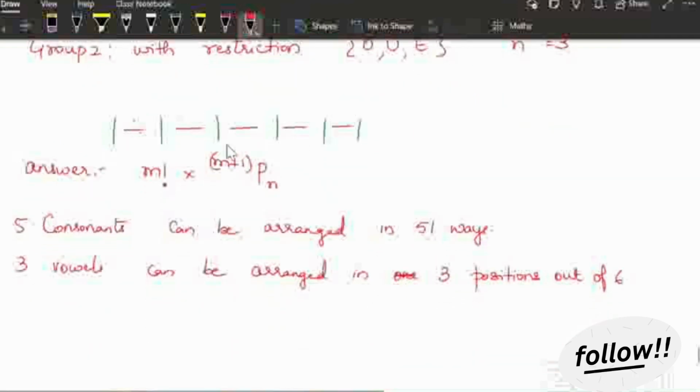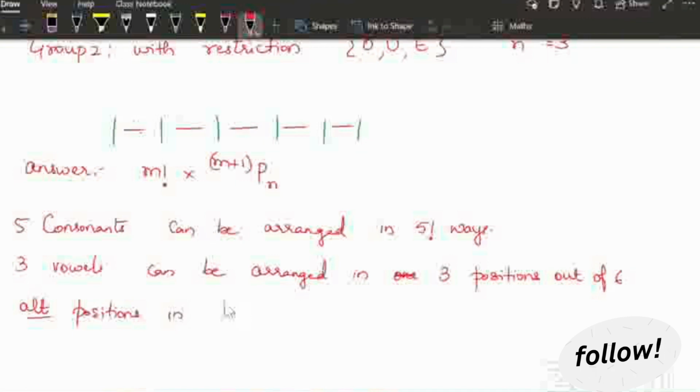So how many alternate positions do we have? Since we have 5 objects that we have arranged, there will be 6 alternate positions. Alternate positions in 6P3 ways. Now, do we have to add this or multiply?